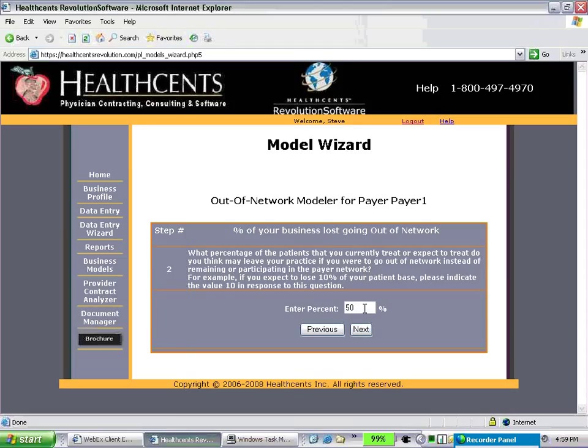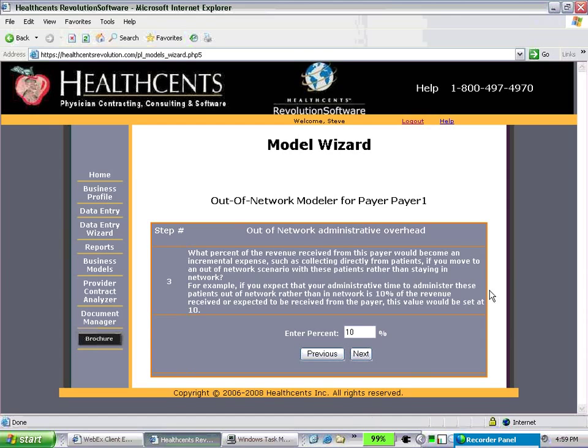In this particular example, we're going to choose 20%. And as you will see, you can actually change the information on any of these questions after initially answering.